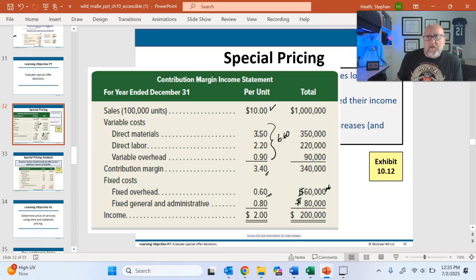If I sold 100,000 units, my typical per unit SG&A is 80 cents. So total fixed expenses are going to be an additional $1.40.